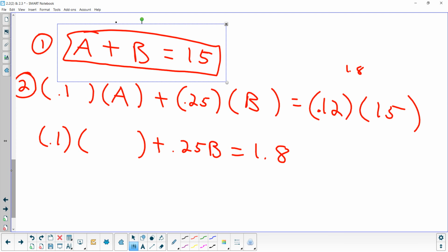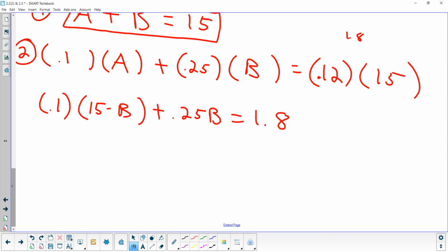Yeah, Matt? 15 minus B. Exactly. 15 minus B. So that's substitution. Solve one equation for a variable, plug that into the second equation. 15 minus B. Now let's do this out and solve for B.